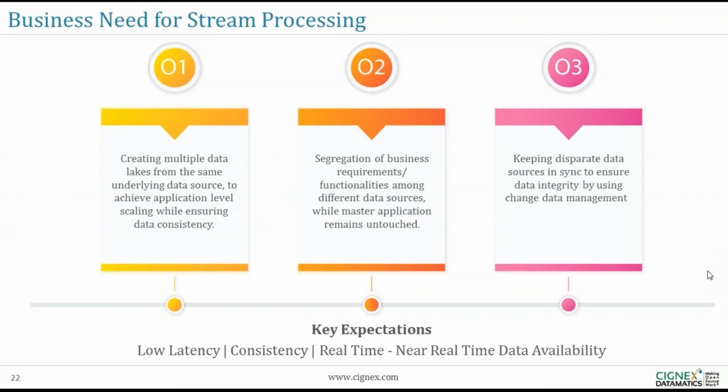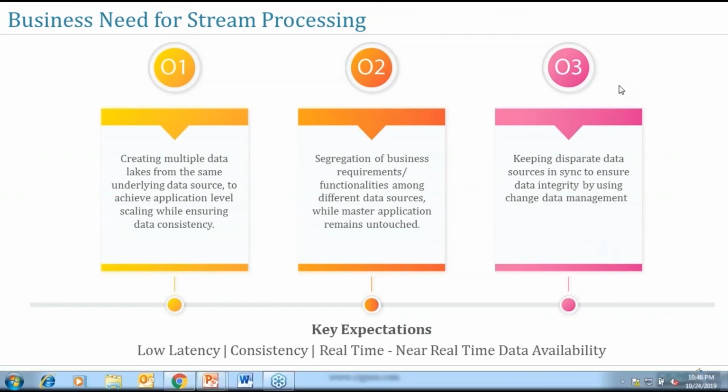If you picture the whole scenario, on one hand we have the older database system being used by a lot of applications, and on the other hand we have another data warehouse which is subjected to a very specific need. This warehouse needs to be synced up with my larger database. It needs to be consistent, it needs to have all that data, and it also needs to have that data without any latencies.